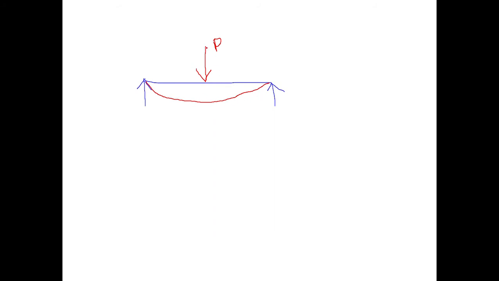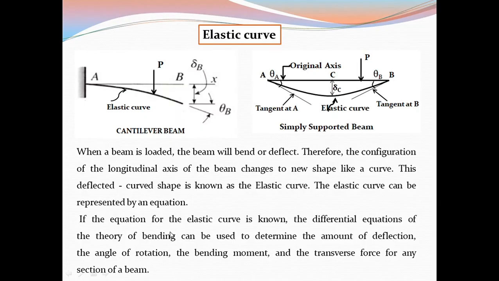After the loading, it will deflect like this, like a curve. This deflected curve is known as elastic curve. This deflected shape is nothing but the elastic curve of the beam. After the load, the beam will deflect. The deflected profile is known as elastic curve, right? So the elastic curve can be represented by an equation.